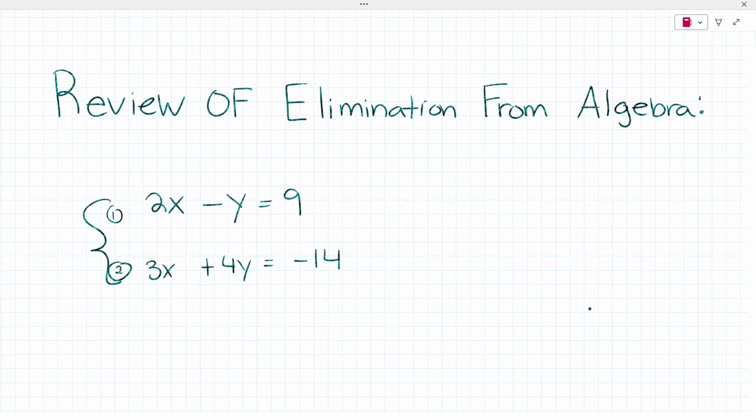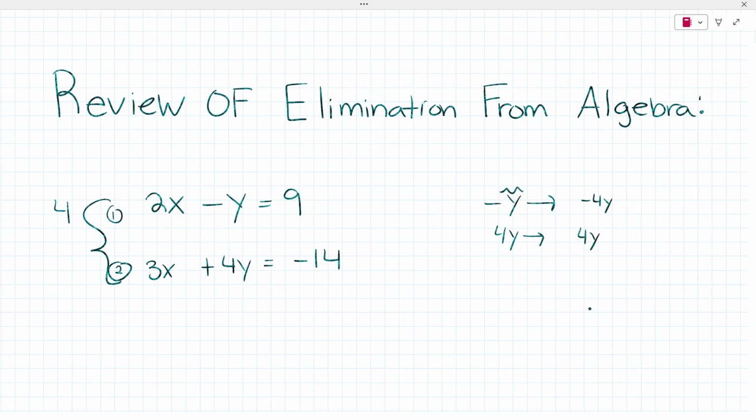If I want to get rid of the y's, I would have to multiply the entire equation 1 by 4, right? We have negative y and 4y, so I make one positive 4y and the other negative 4y.